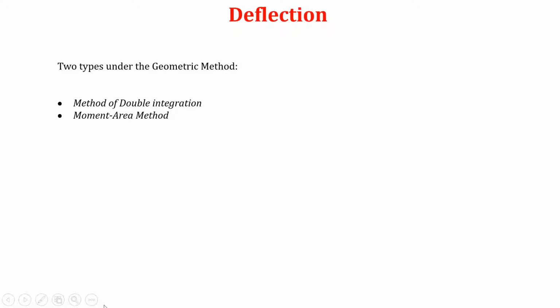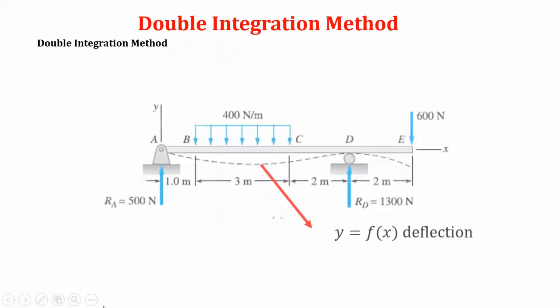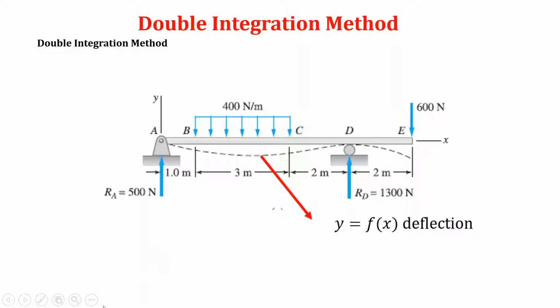So these two, I know you already have an idea for this one since this has already been tackled in our strength, but we still have to recall it in theory of structures. Okay, so for double integration method, it is based on the fact that the deflection or the curvature of the beam follows an equation.